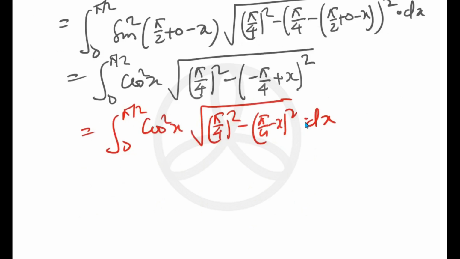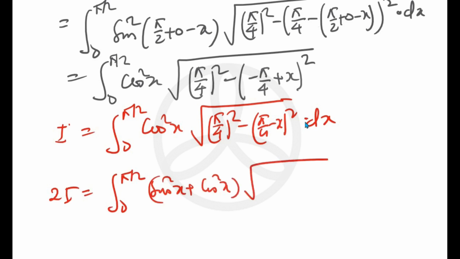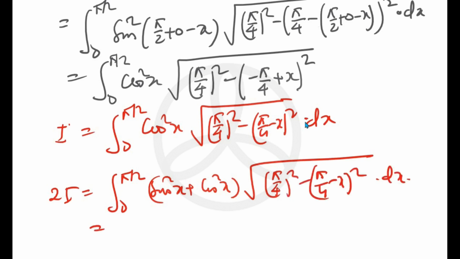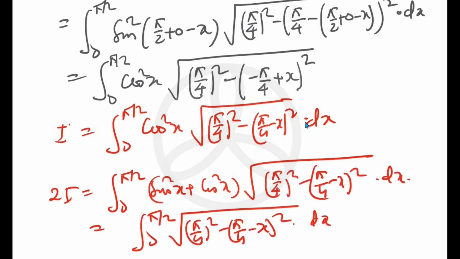What we have got is one in sine and one in cos. We will add both of them. 2I will become the integral from 0 to pi/2 of sine square x plus cos square x, and this will become (pi/4) square, and this is 1, and this entire expression here is equal to g(x) as given above.